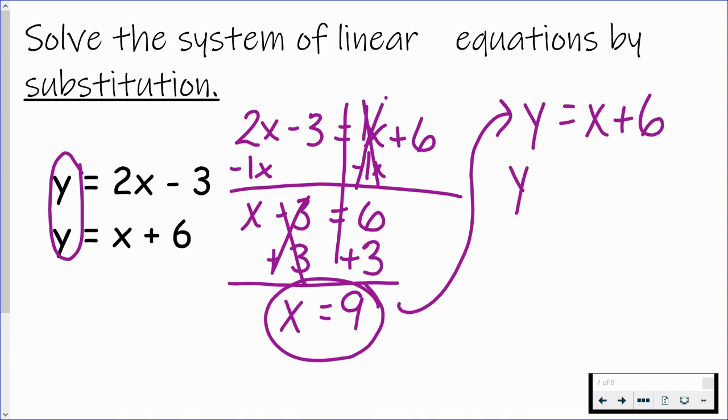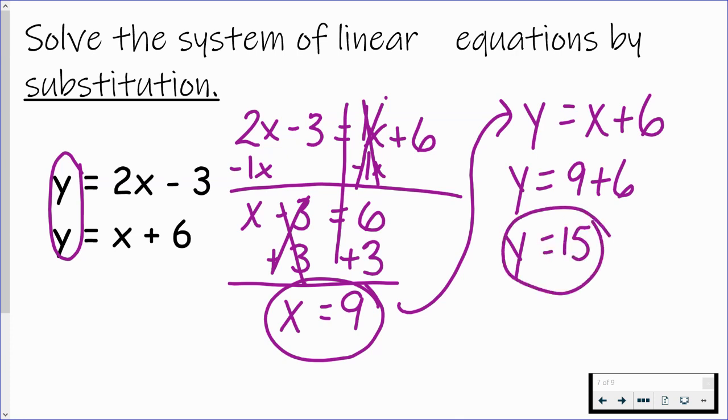So now I'm going to plug in 9. 9 plus 6, y equals 15. So my solution is 9, 15. So it's a one solution, and that's exactly where they're going to intersect, and that point only.